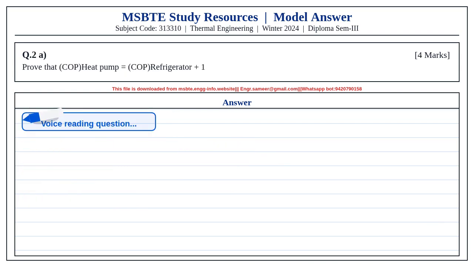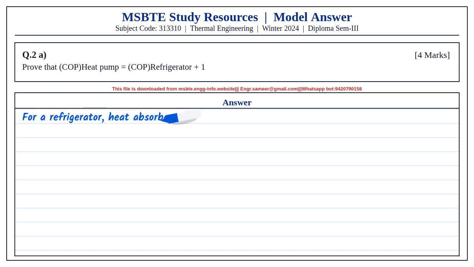Question 2a. Prove that COP of heat pump is equal to COP of refrigerator plus 1. For a refrigerator, heat absorbed from low temperature body is QL, work supplied is W, and heat rejected to high temperature body is QH.